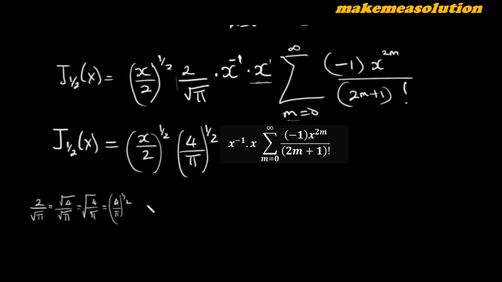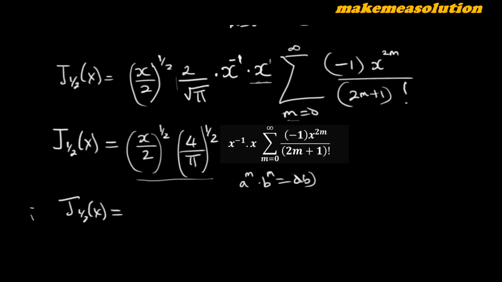So having it like that now makes it easy for us to make some cancellations. J_{1/2}(x) will now be, you match these two by indices, a^m b^m is still (ab)^m.